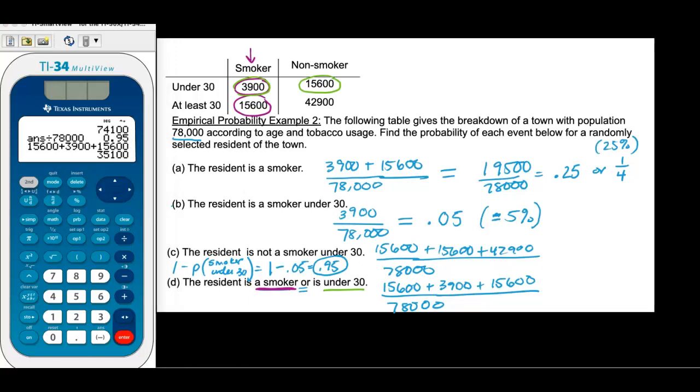And we get an answer of 35,100 divided by 78,000. So last step, we divide by 78,000 and we get 0.45. So there is a 0.45 chance or 45% chance that somebody from the town, the resident, is going to be a smoker or is under 30.